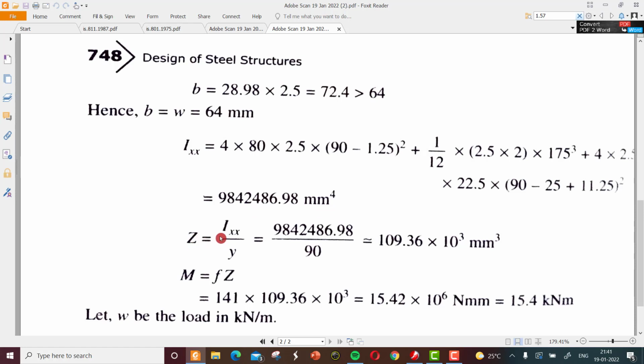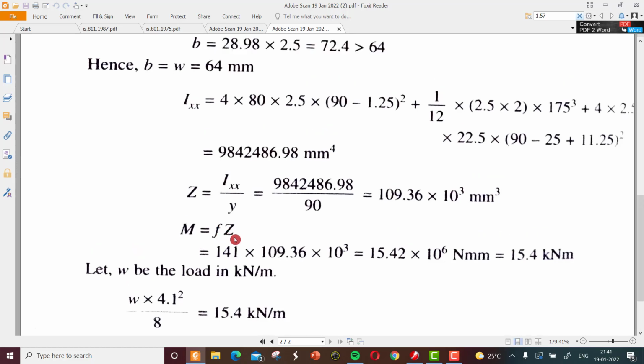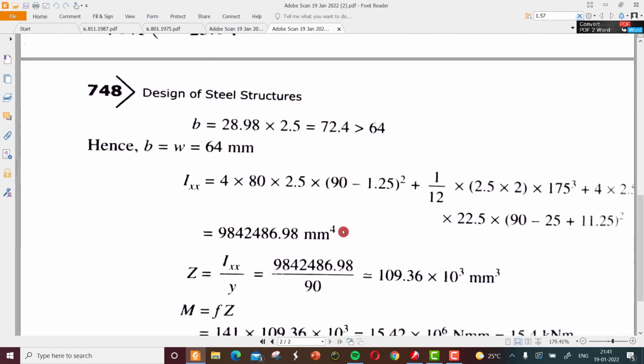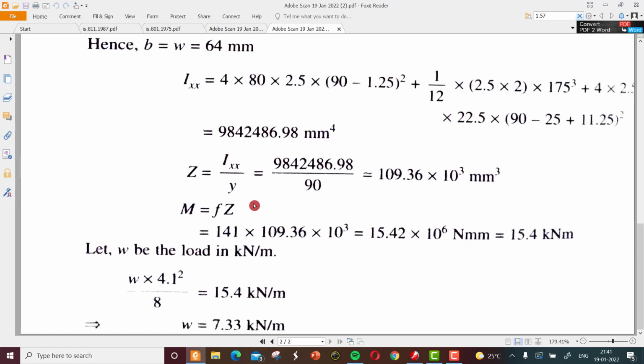Section modulus is given by moment of inertia by y value, which is equal to 109.36, and the bending moment is equal to f into z, where f is the known value 141, and z we know from the previous value. The moment capacity of the beam is 15.4 kilonewton meter, and we can take it as simply supported. W L square by 8 is equal to the moment, and on solving we will get W equal to 7.33 kilonewton per meter.